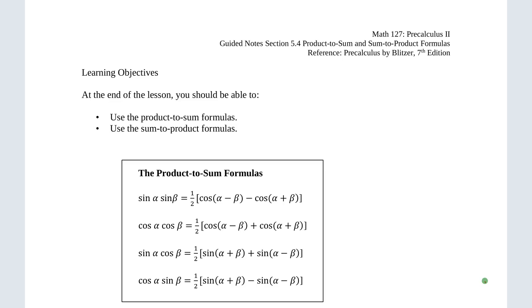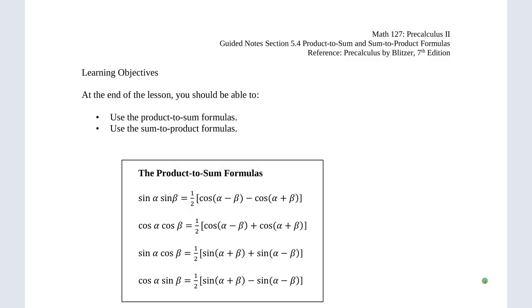We already went over double angle formulas, the power reducing formulas, half angle formulas, and of course, the fundamental identities. Each of those identities allowed us to rewrite a trigonometric expression into a different but equivalent form.